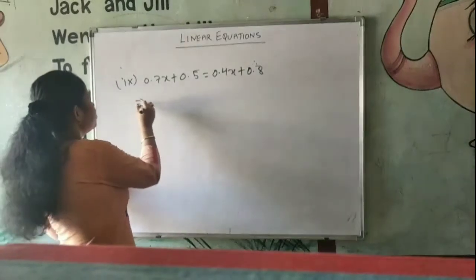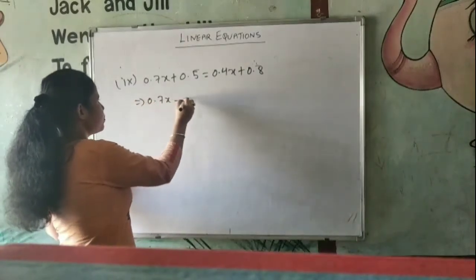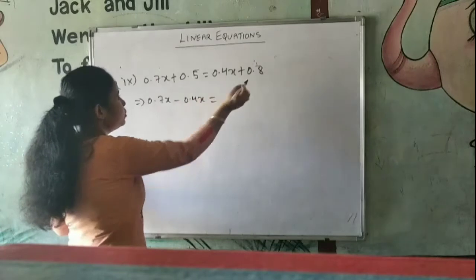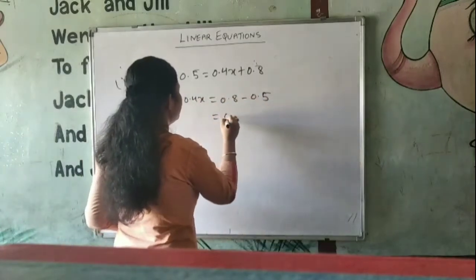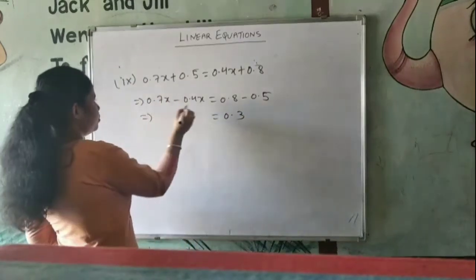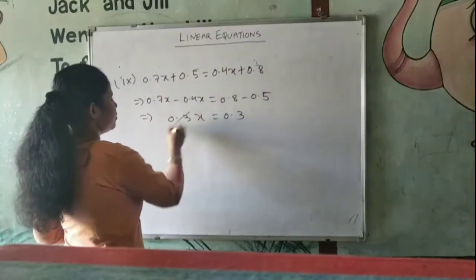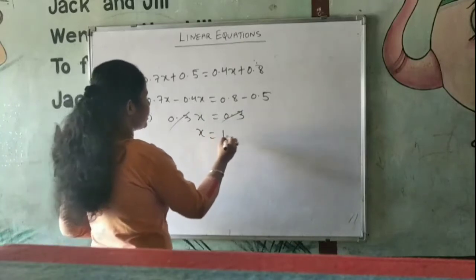So it will come 0.7x minus 0.4x is equal to 0.8 minus 0.5, 0.3 equal to 0.3x. So therefore the value of x is 1.